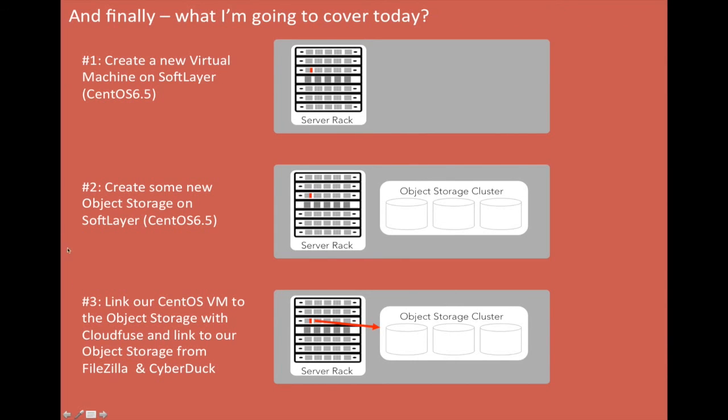And we're going to use CloudFuse to do this. And then finally, I'm going to link CyberDuck and FileZilla into that object storage as well. And we'll see how we can upload some files using CyberDuck, and then you'll be able to see them from the server.